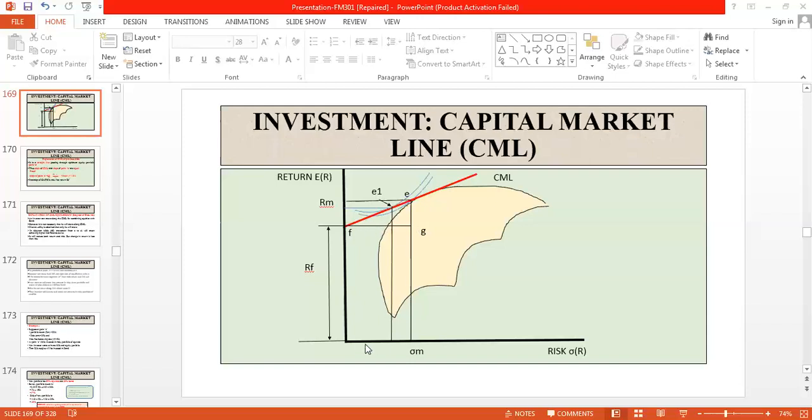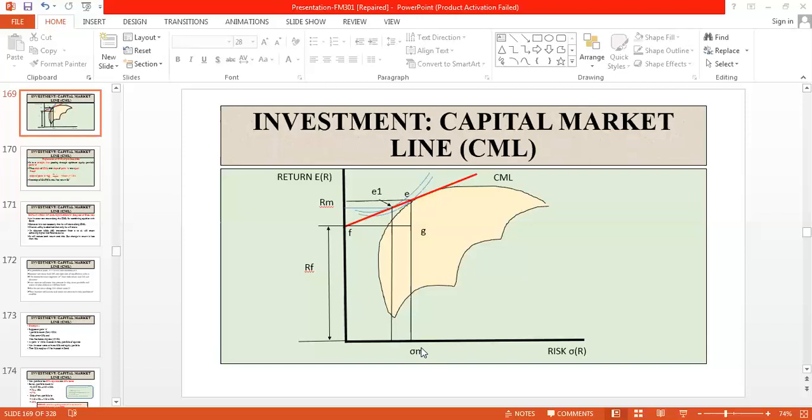And FG, as we are getting from the x-axis, is nothing but the risk of the market portfolio or risk of the market index. Basically, this risk will consist of only systematic risk, because our assumption is that the index portfolio is well diversified. Therefore, no unsystematic risk will exist.